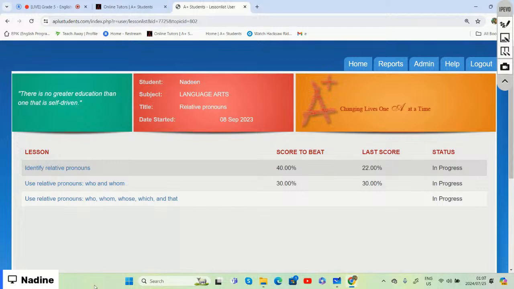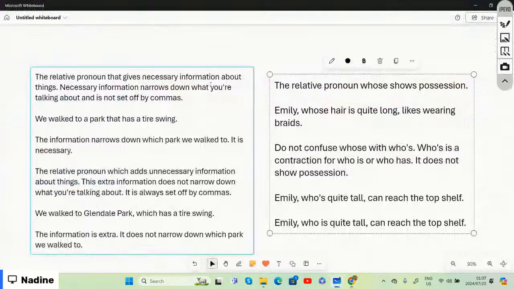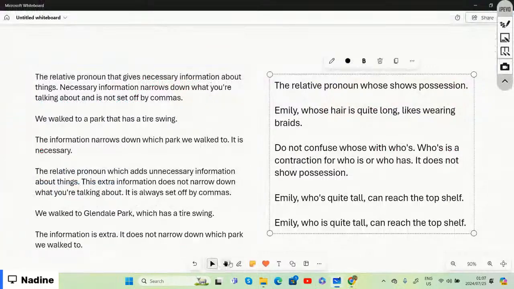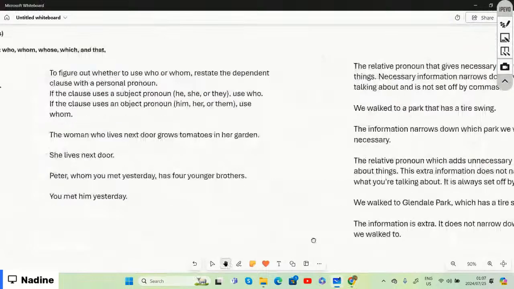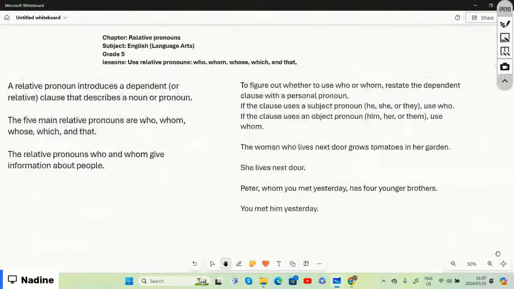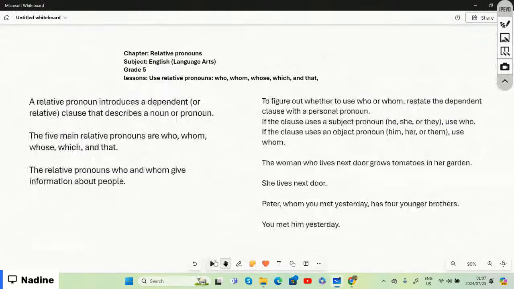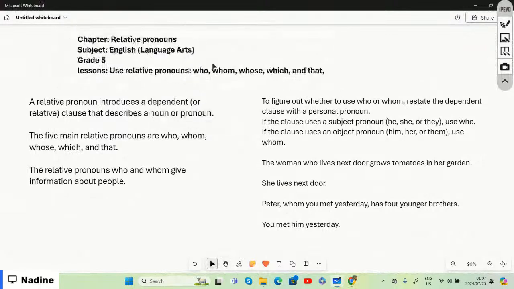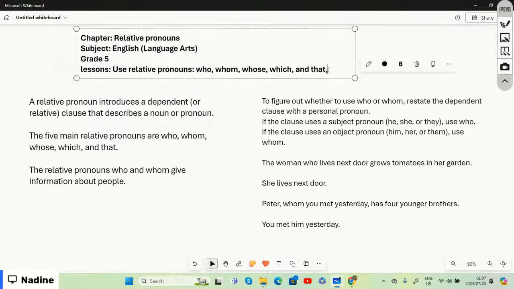All right, so we're going to find out more about relative pronouns. Firstly, our chapter is relative pronouns, our subject is English language arts, grade 5.